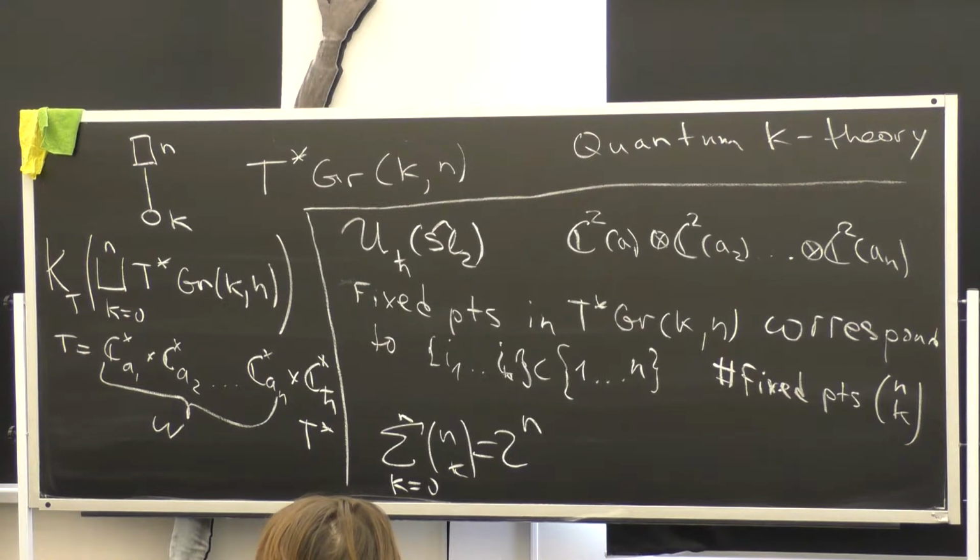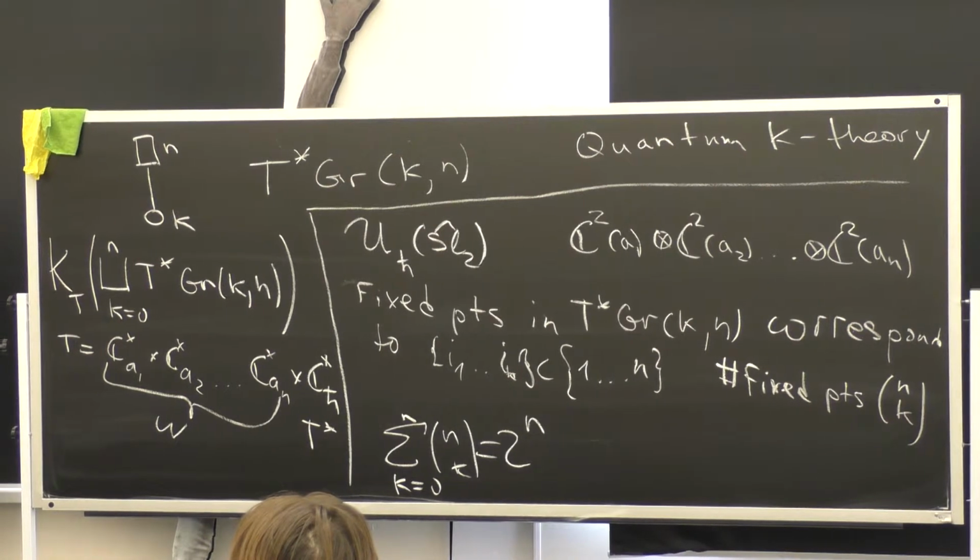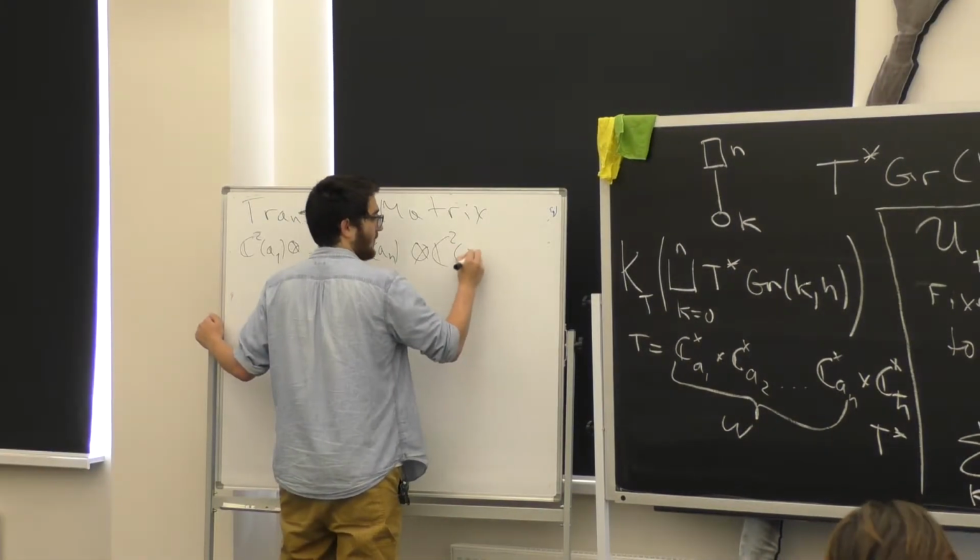All right, so in particular, we're going to need the transfer matrix. And for that, we're going to need an extra representation. That extra representation is going to be another C squared. So we're going to have C squared of a1 tensor product with C squared of an tensor with C squared of x.